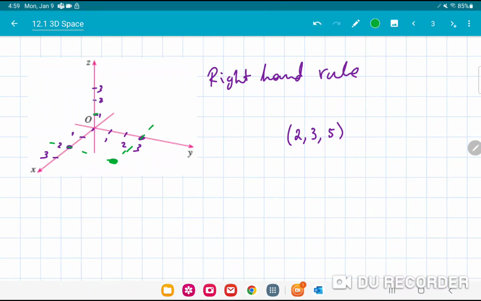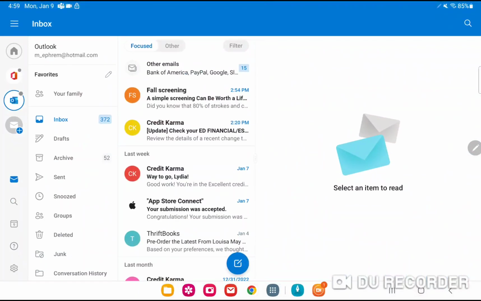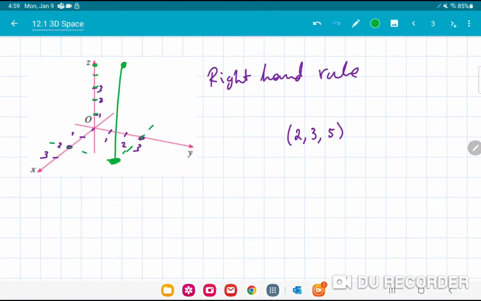So I have 1, 2, 3, 4, 5. Am I going to go that much from here? Not exactly, because this is not 5 units, it's more than 5 units. So there are 2 ways I can place that point.